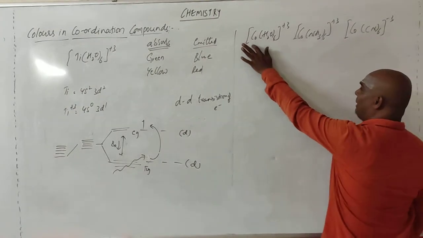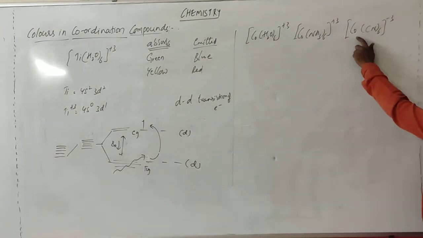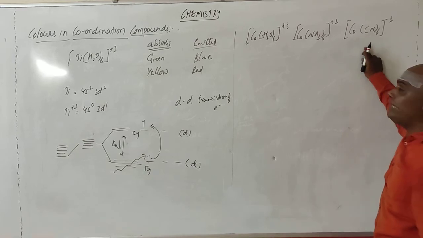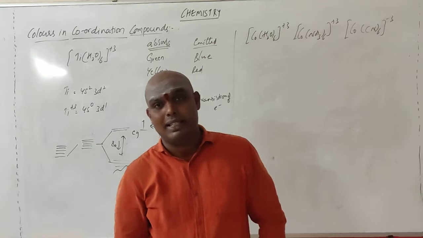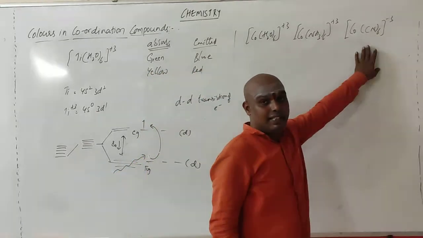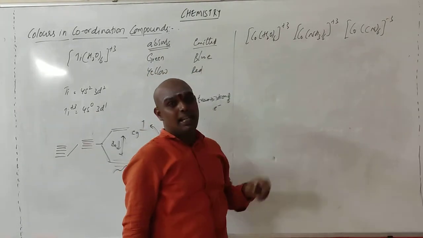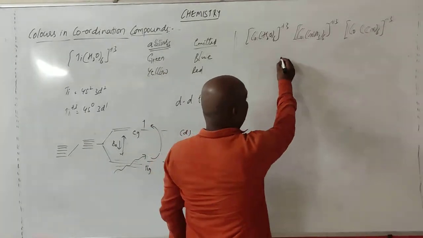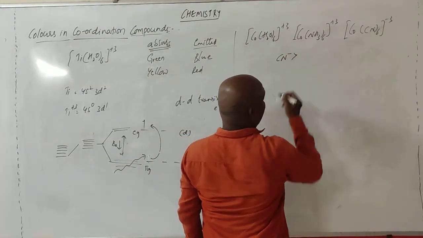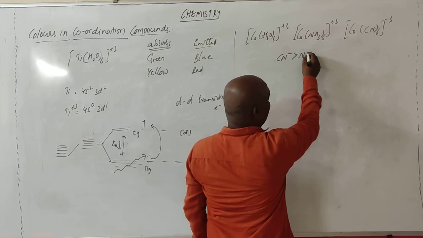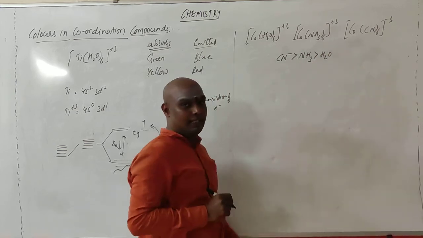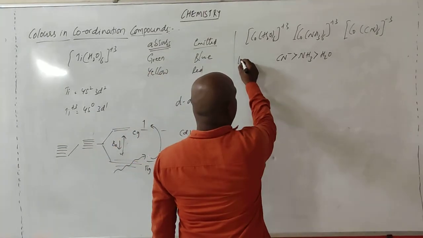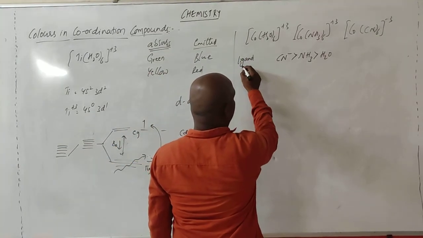See, cobalt is plus 3 here, and here also cobalt will be plus 3, because this is minus 6, it goes to that side, it becomes plus 6. Minus 3 plus 6 becomes plus 3. Again cobalt will be plus 3. Among these, which is the strong ligand? CN minus will be a very strong ligand in the electrochemical series compared to NH3 and compared to H2O.